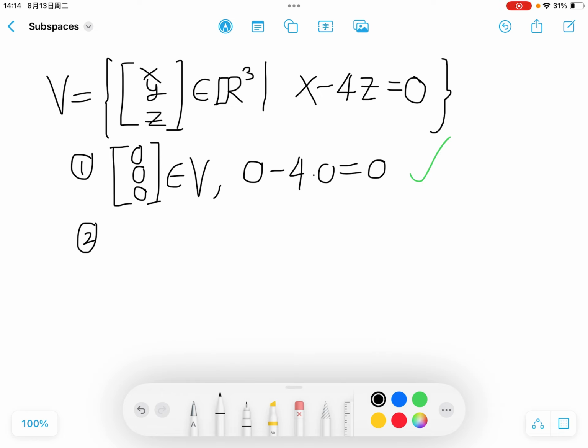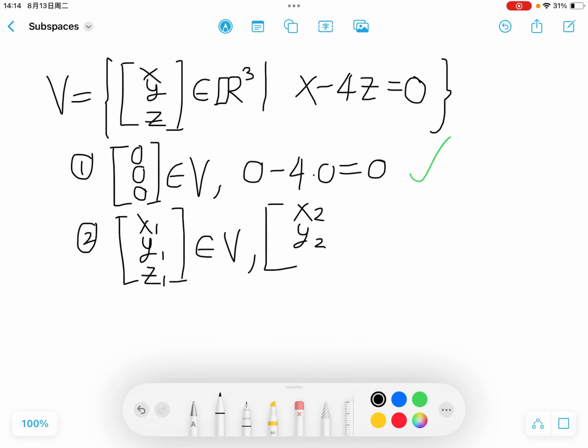So let's prove the second condition. The second condition basically says if I have a vector x1, y1, z1 that is an element of subset V, and a second vector x2, y2, z2 that is also in the subset V, then before we proceed, we want to state what we know.